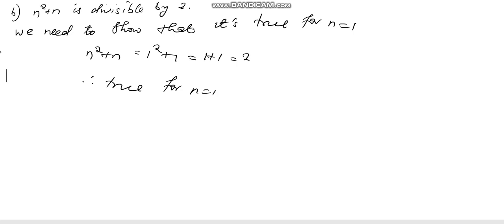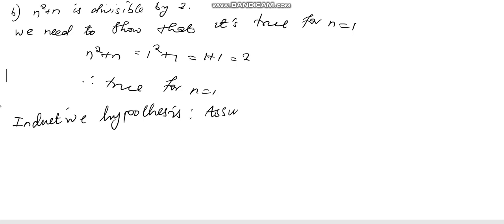So that means if that statement is true, we equate it to 2 times any variable of our choice. So on the inductive hypothesis, we make an assumption.